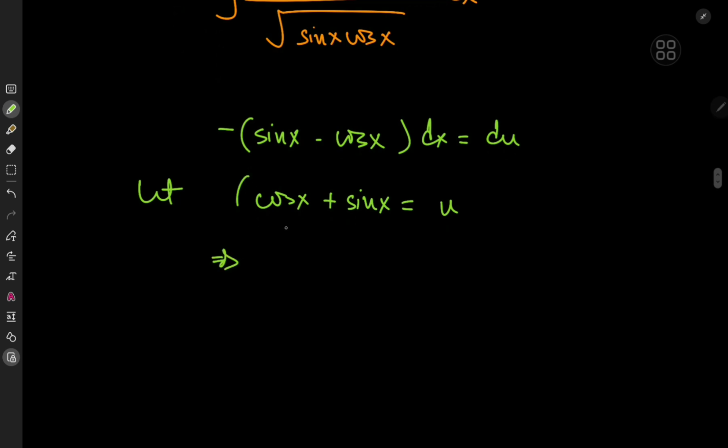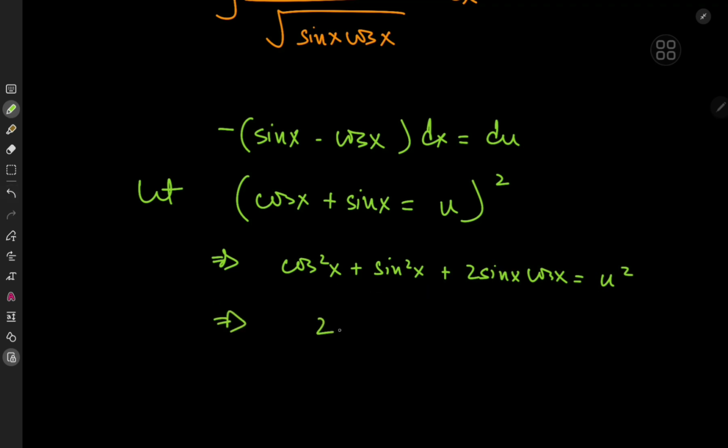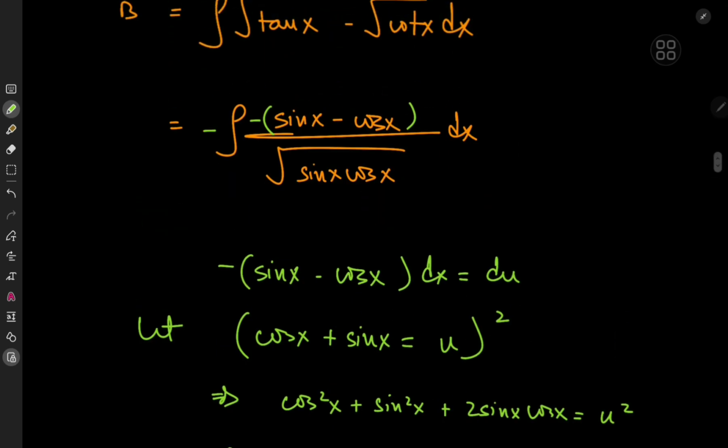And this implies, again, squaring everything to make sure that I get the cross term, we have cosine squared x plus sine squared x plus 2 sine x cosine x equal to u squared. Again, this thing is equal to 1, and this means that the cross term here equals u squared minus 1.